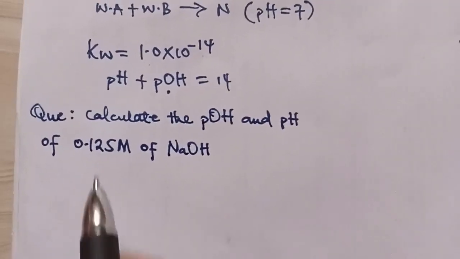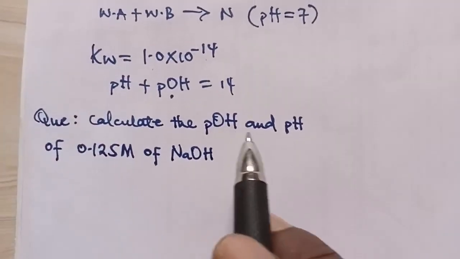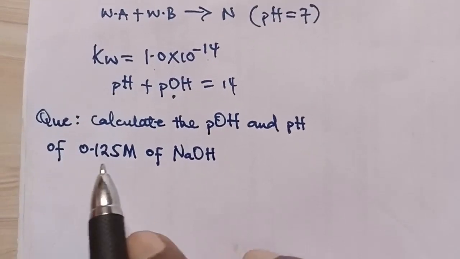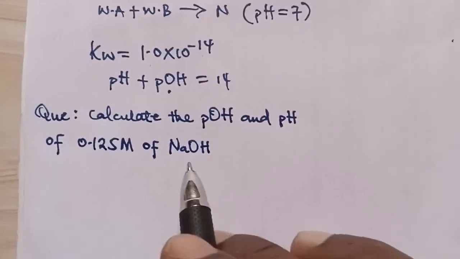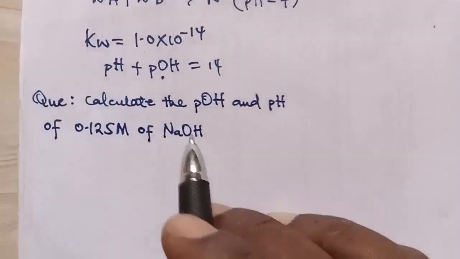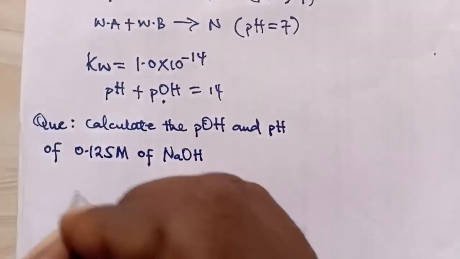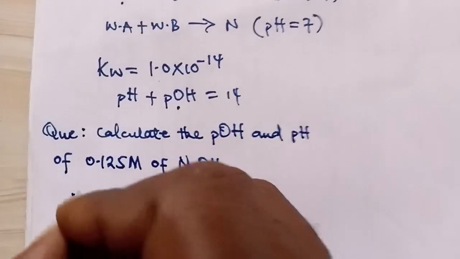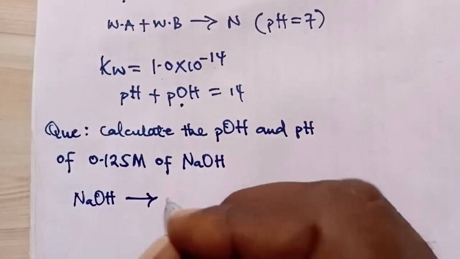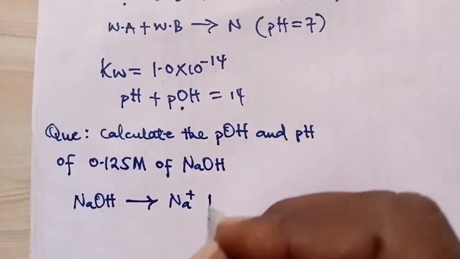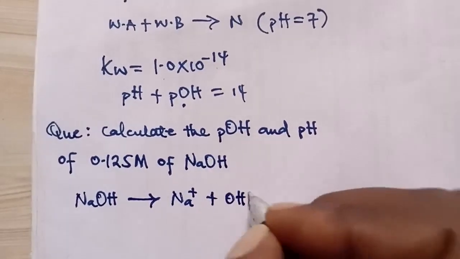Now this question says, calculate the pOH and pH of 0.125 mole of NaOH, that's sodium hydroxide. Now, if we look at the self-ionization of this sodium hydroxide, we'll have something like this, splitting into Na positive plus OH negative.